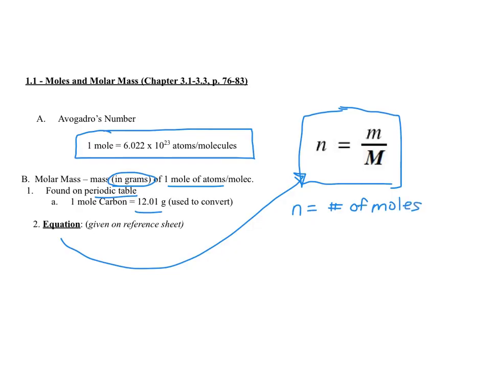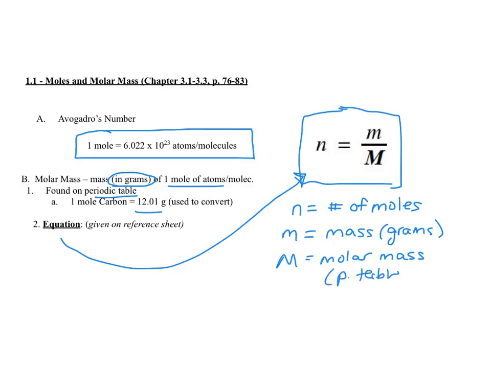So when we're calculating number of moles, a lot of times we're going to do that using dimensional analysis, but this equation is something you can use as well, depending on the information that you're given. So lowercase m is going to be our mass in grams, and capital M is going to be our molar mass, which we find by looking on the periodic table.